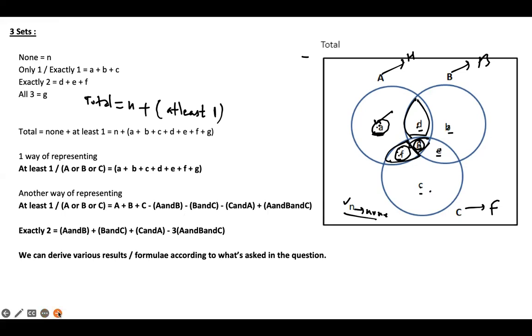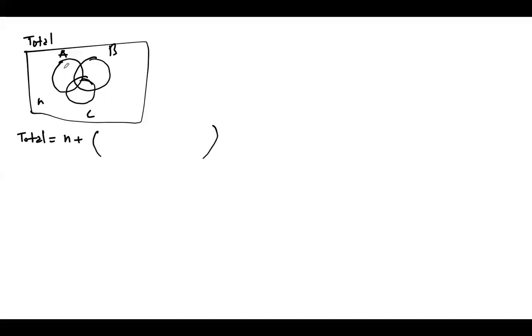But let's say I'm saying this is total, this is none, and this is another way of representing A, B, C. If only this information is provided, can I write total is equal to none plus at least one?